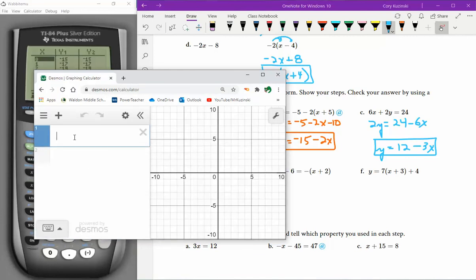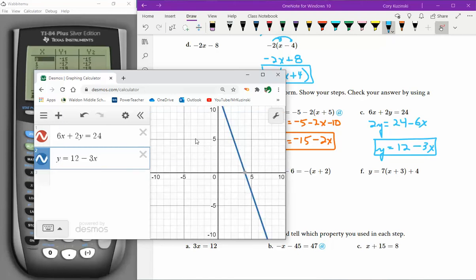We'll type in our original 6x plus 2y equals 24. Oh, need an equal sign. There we go. And then we'll put in this other one, y equals 12 minus 3x. You can see that line went right on top of the other one. So that means they are equivalent.